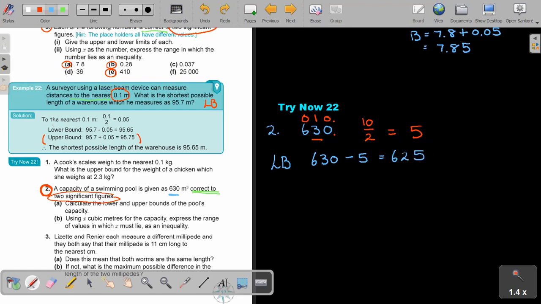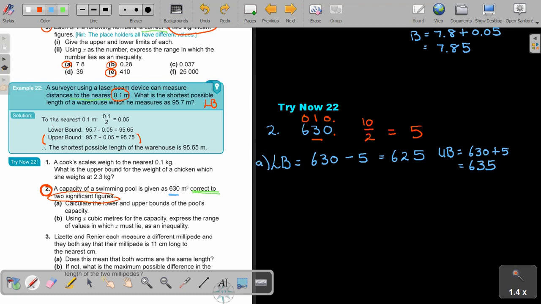And for the upper bound, I'm just going to take 630 plus 5, which is 635. Okay, and then I'm going to end up, this is number A.